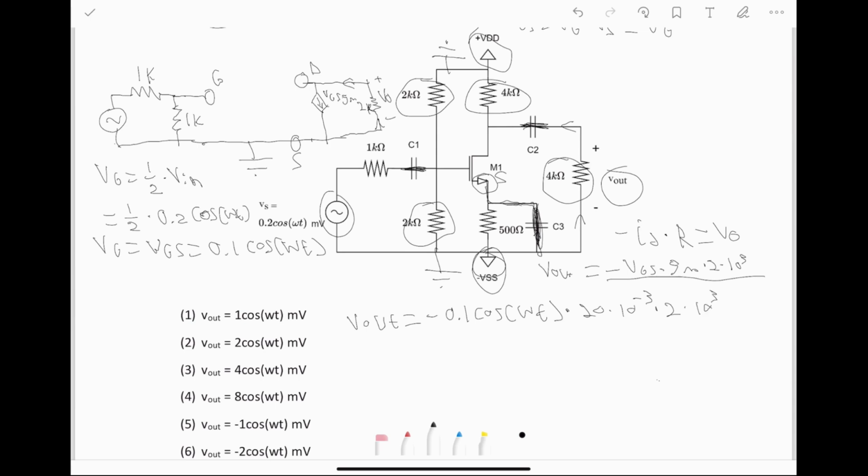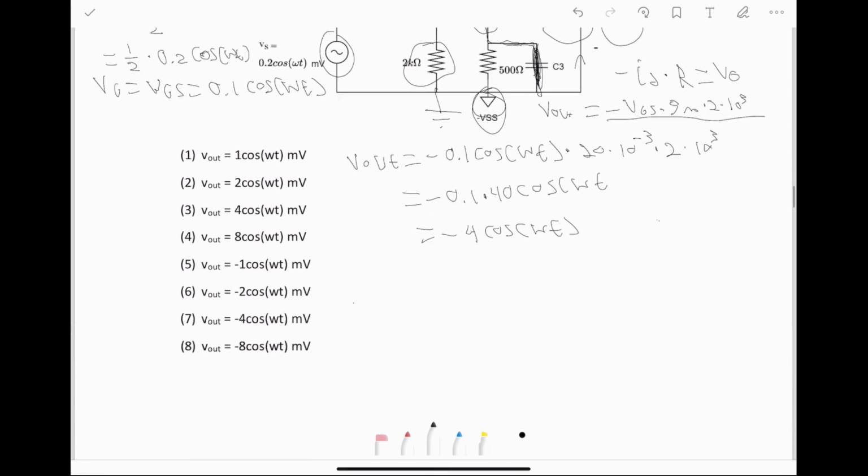And we've solved our problem. If we simplify this, we get negative 0.1 times 40 cosine omega t, which is equal to negative 4 cosine omega t, which hopefully is 7.